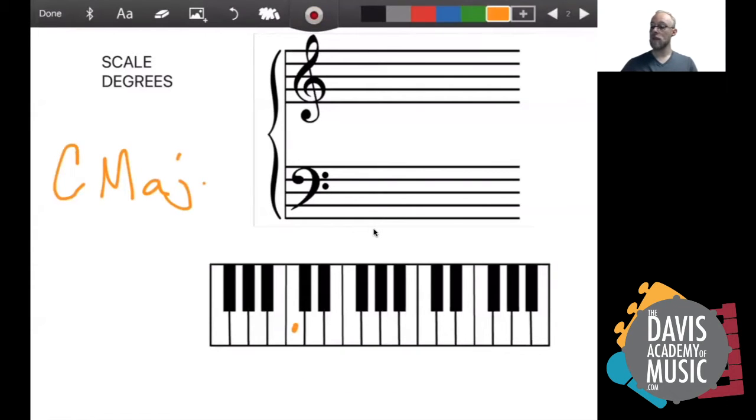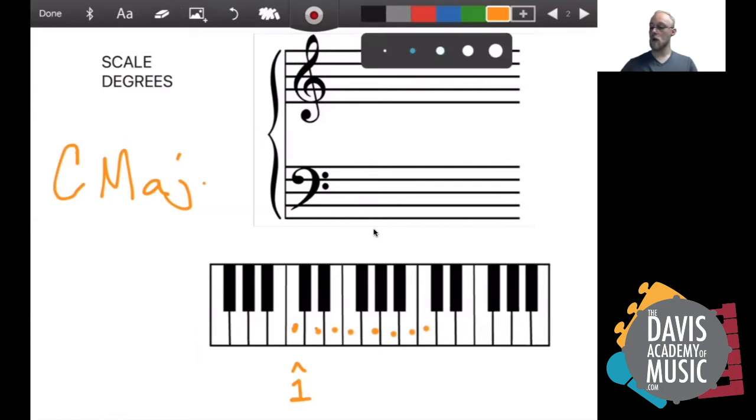The way we write this is with a 1, but we also put a little mark on top, like a little hat, to say this is our first scale degree. Now the second scale degree is going to be D. Our third scale degree is going to be E, and so on and so forth, all the way up until we reach C again.